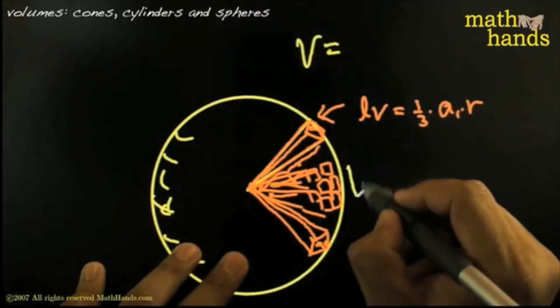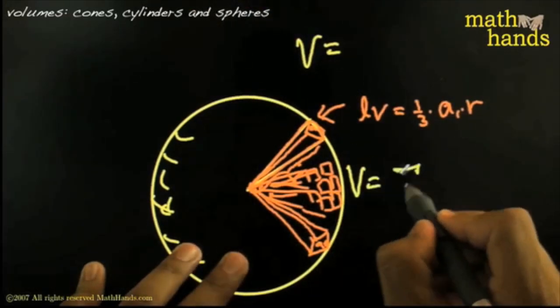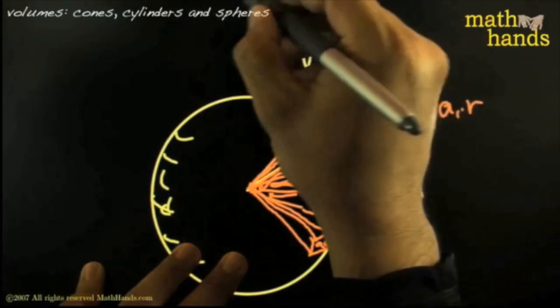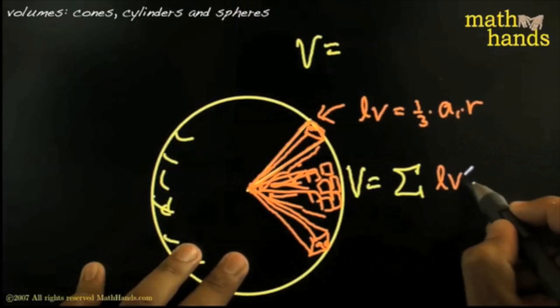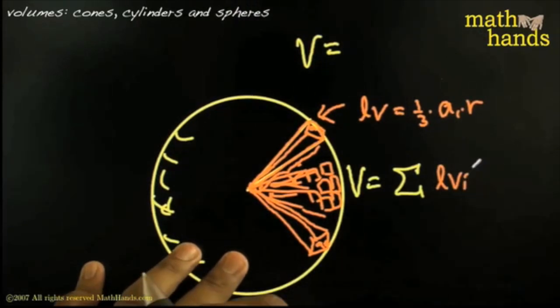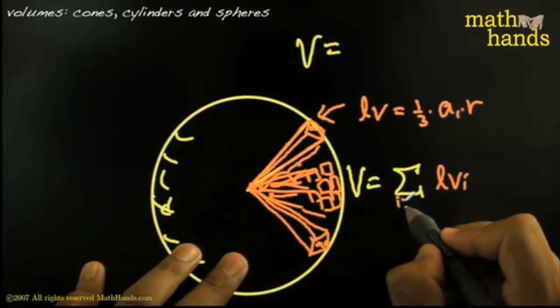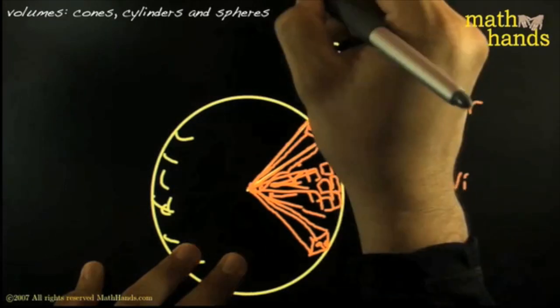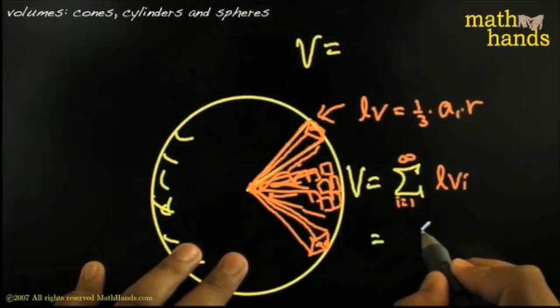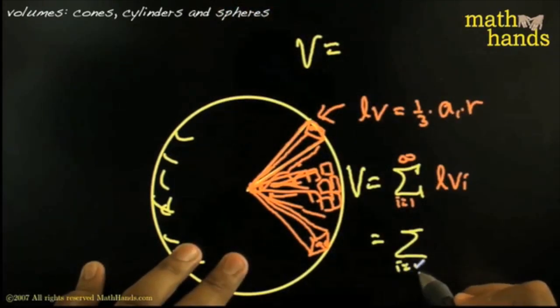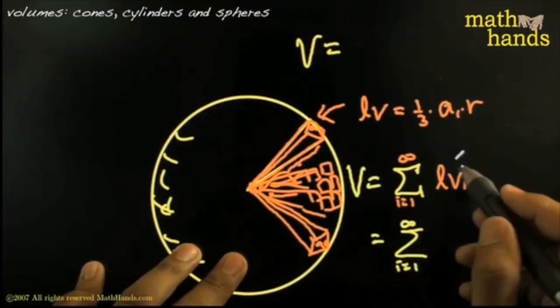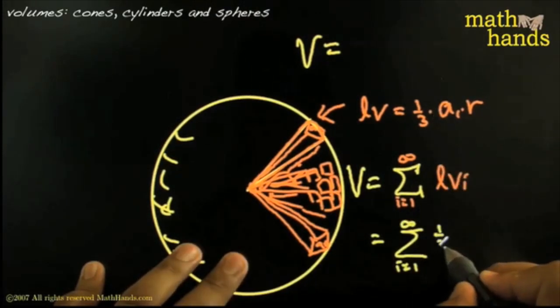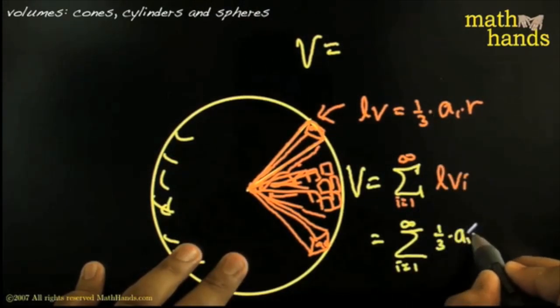The entire volume would be equal to the sum of all the little volumes. I'll call them little volume i, because i goes from 1 to, say, infinitely many of these. And that would be equal to the sum, as i goes from 1 to infinity. Each little volume is 1/3 times a_i times r.